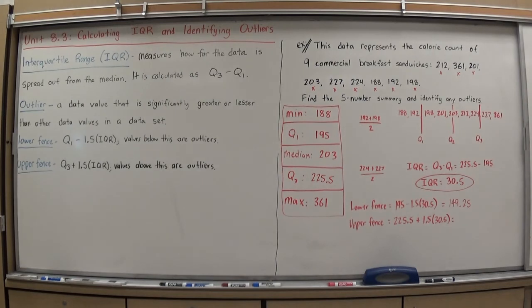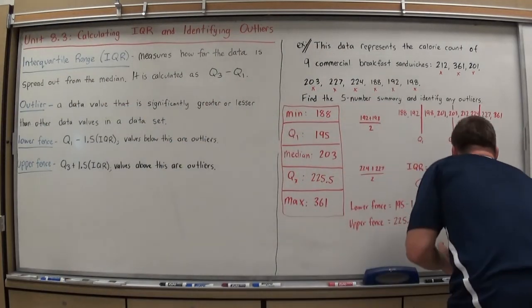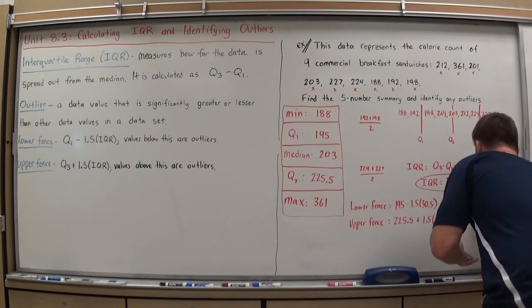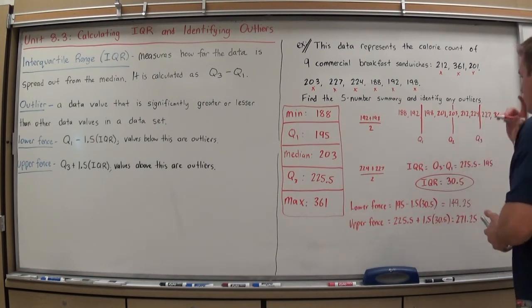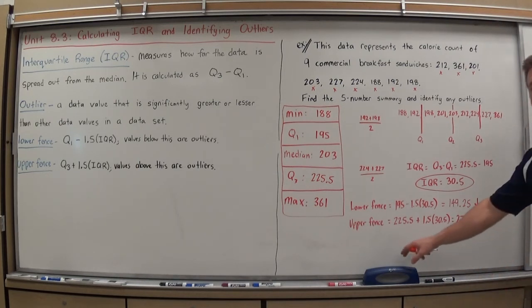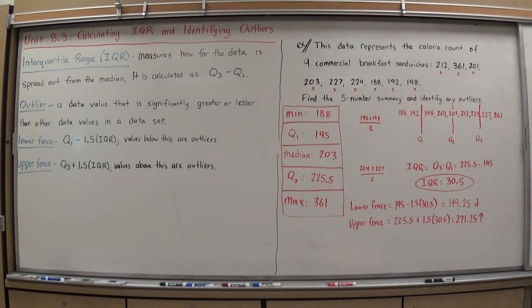And for the upper quartile, 1.5 times 30.5 plus 225.5 is 271.25. And so our outliers will be any numbers below 149.25 and any numbers above 271.25. Those are the numbers below my lower fence or above my upper fence.